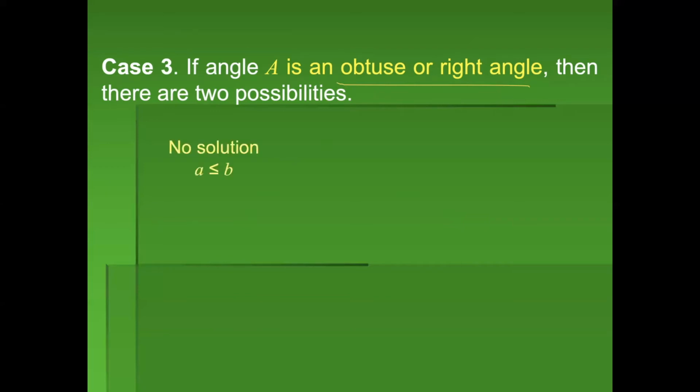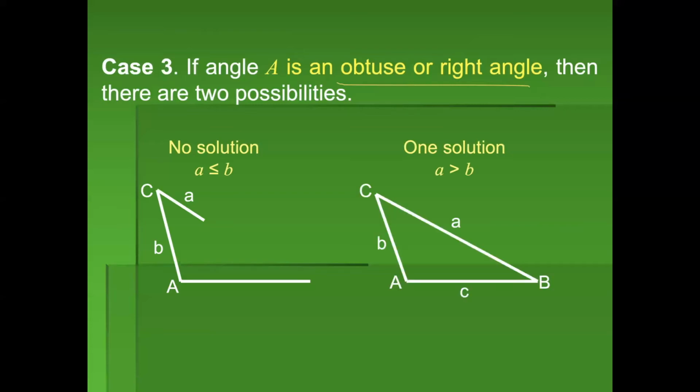There is no solution if the side opposite from the given angle is less than or equal to the other side, meaning we cannot form any triangle. But if the side opposite from the given angle is greater than the other side, then we have one solution, or we can form a triangle.